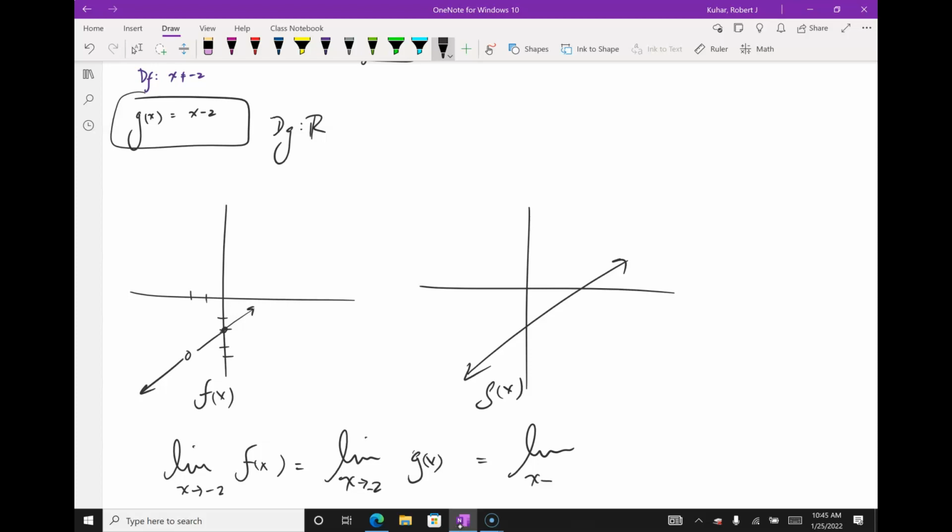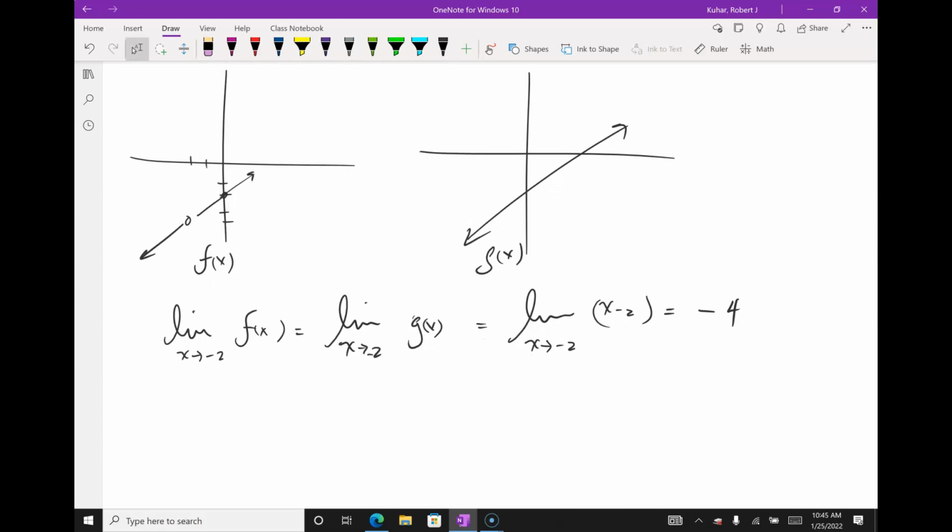It's the limit as x goes to negative 2 of x minus 2, which is negative 4. And I have a function that if I plug into, I get 0 over 0. I've got to find a replacement function.